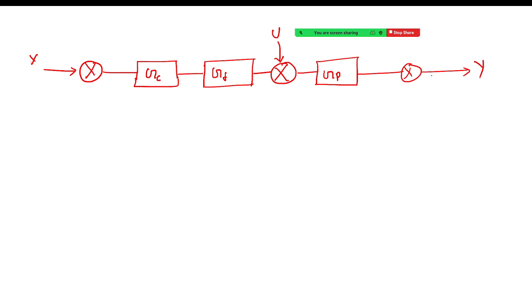After that, this output will be fed back to the input, and this is the measuring instrument.